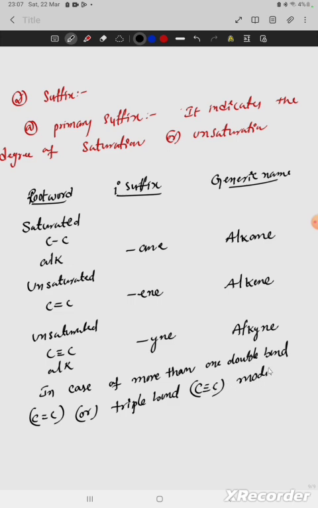We'll see what the modified root words are, based on the number of carbons in the longest chain, what the normal root word is, and what the modified root word is.